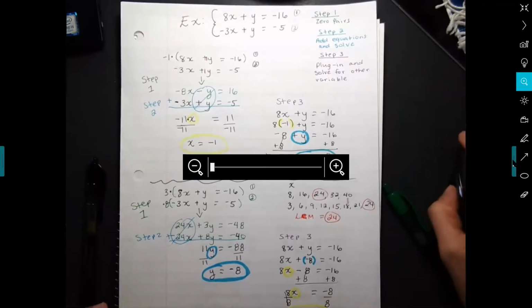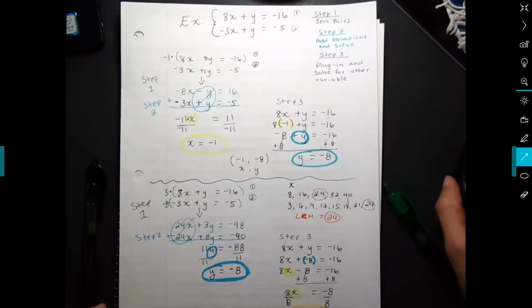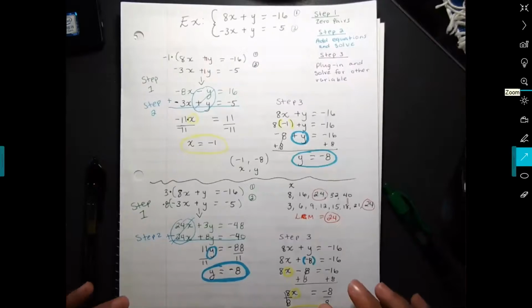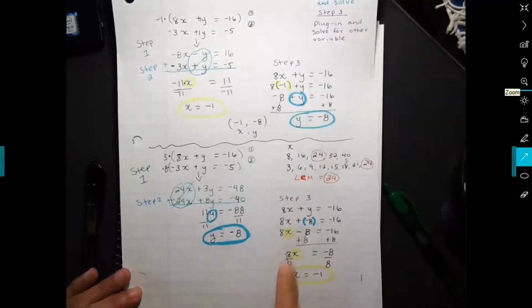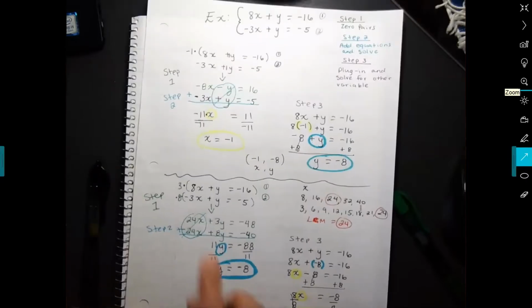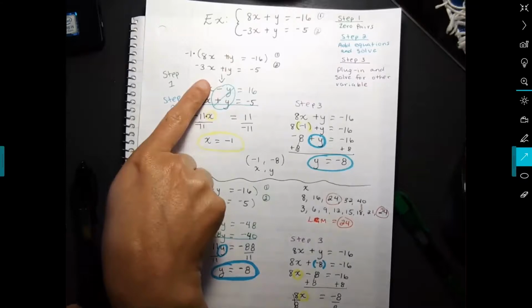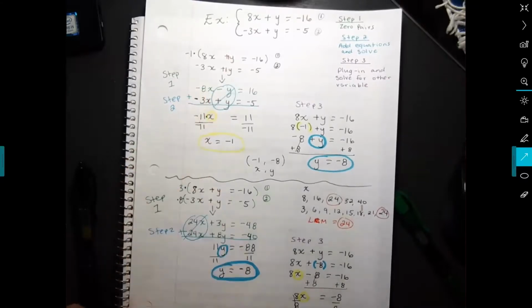So the moral of the story here is, regardless of where you start, which variable you start eliminating at the very beginning, if you do the math right, if you do your steps right, you'll get the same answer regardless, okay? But notice that eliminating y basically meant that I only needed to change one of the equations. I only had to fix one equation to give me a zero pair.